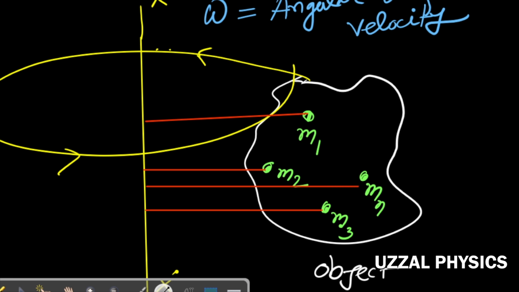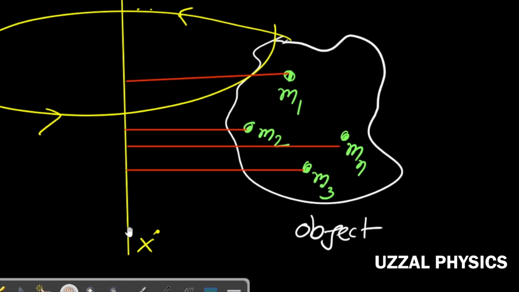My dear student, our duty is to find the distance. Suppose this distance is R1, this distance is R2, this distance is R3, and this distance is Rn.